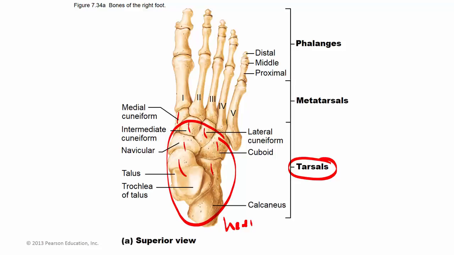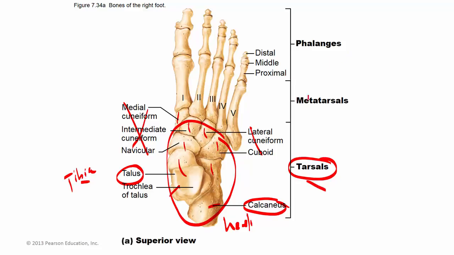The only ones you have to be able to name are the talus and the calcaneus. The talus is where the tibia lines up, and the calcaneus again would be your heel bone. You do not have to name all your other tarsal bones for your lab test, okay? So I'll say name this group of bones, you'll say tarsal, or I may ask you specifically for the calcaneus or the talus. Those are the only two specifics you have to know.